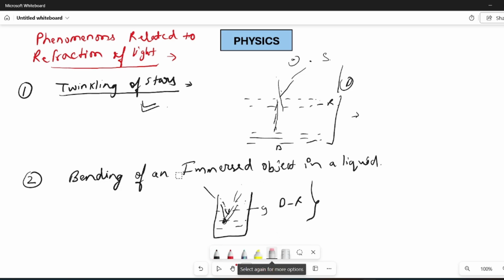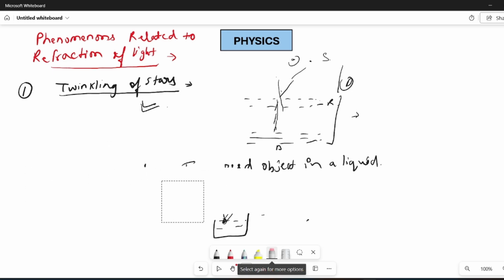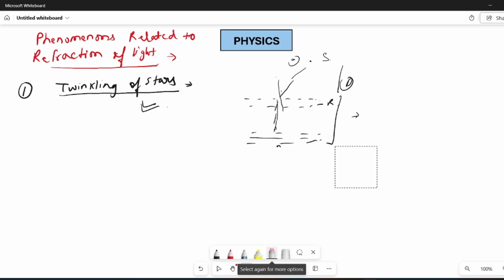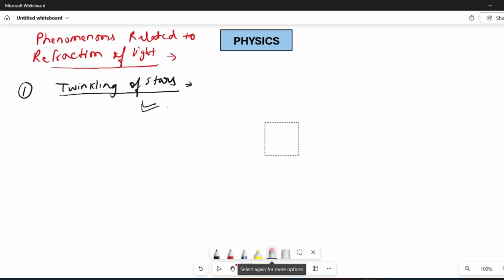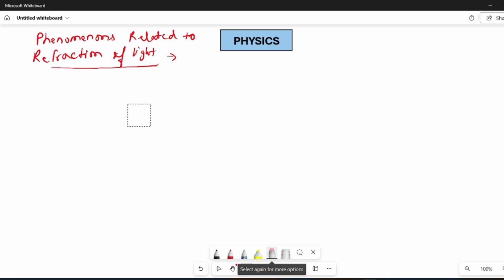The next phenomenon related to the refraction of light, which everybody must have seen, is the size of the sun in the morning or in the evening. At both times the position is exactly the same for the sun, but the horizon matters.